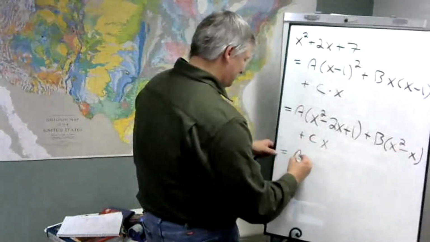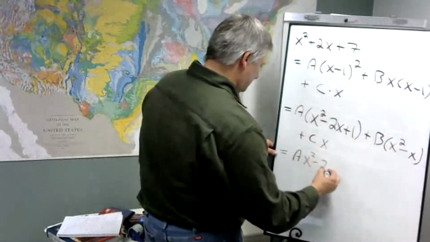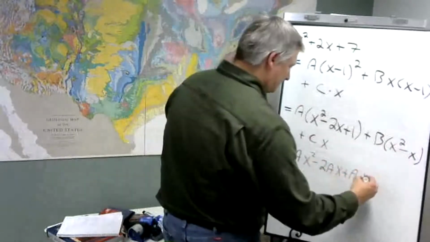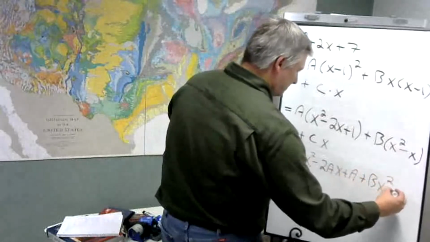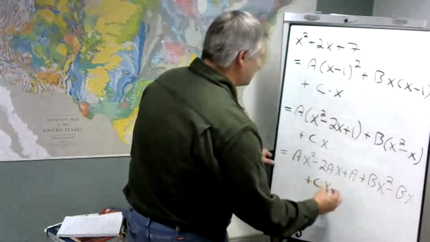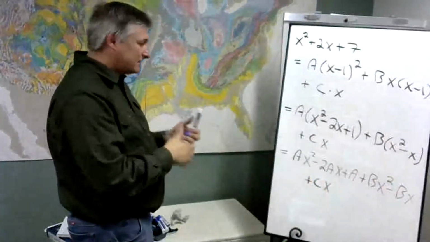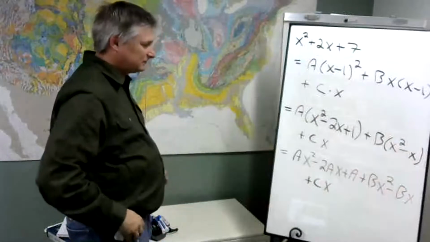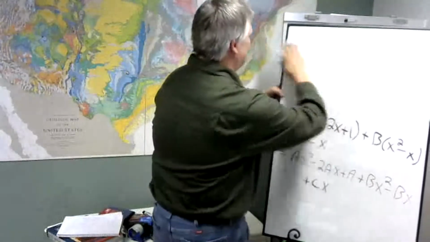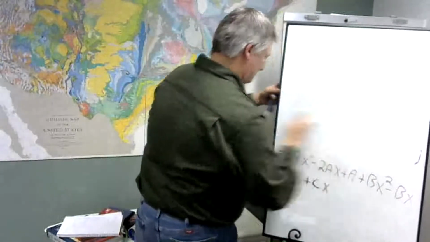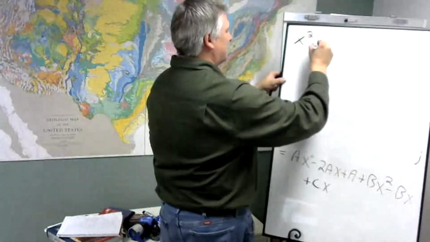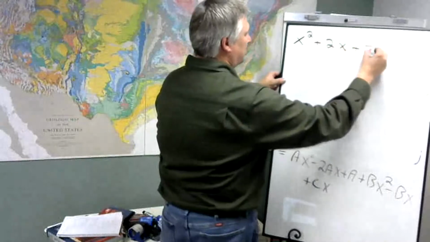Distribute again. And now let's gather like terms. So we still have our x squared plus 2x plus 7.